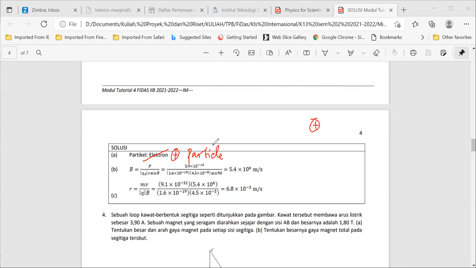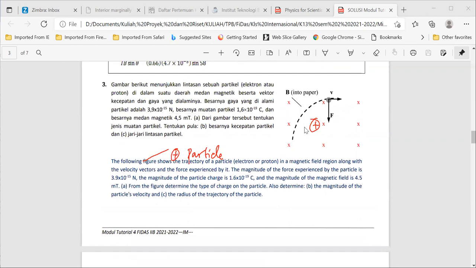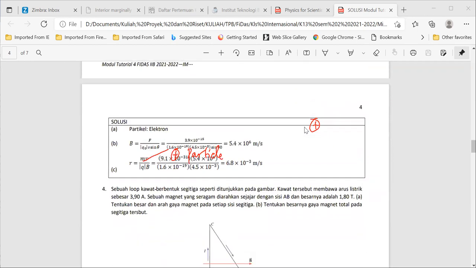Okay. So you will get, using this formula, you will get the magnitude of the magnetic field. Yeah, sorry, it's not V, it's not B here. It's not B. Yeah, it's V here.